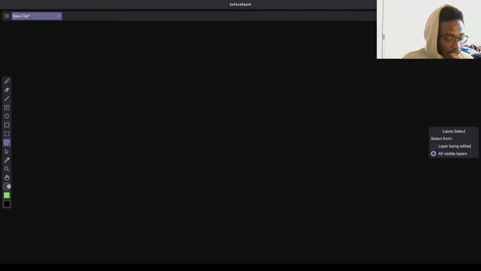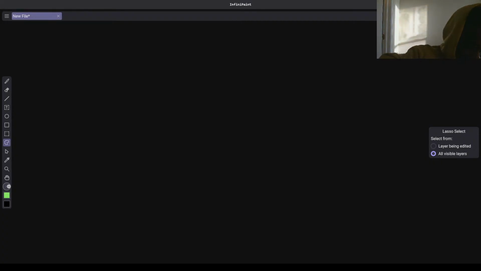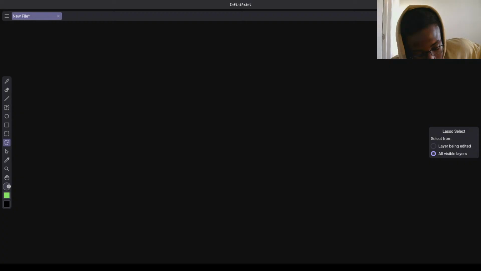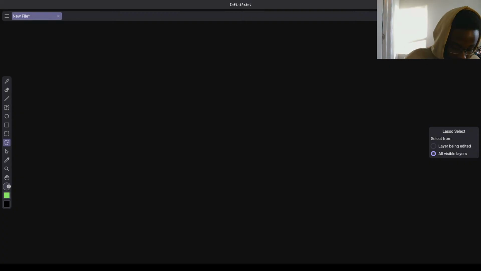Hopefully this tablet stays powered on, because it hasn't shown any weird behavior yet. It got damaged in the water.